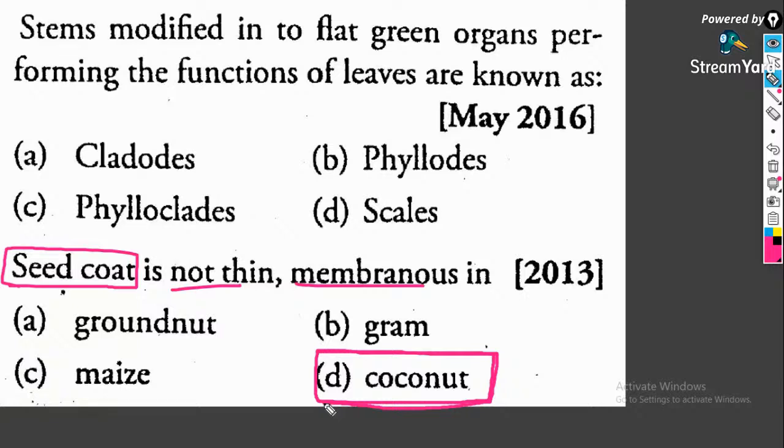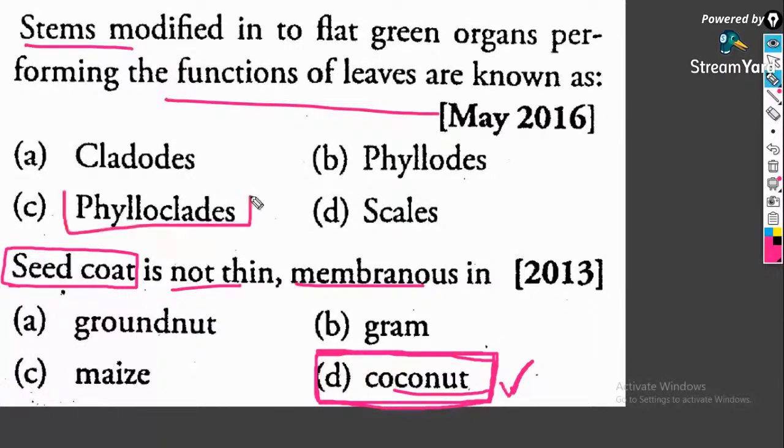Coconut is the answer for the question. So stems performing the function of leaf: phylloclade, and seed coat is not thin: coconut.